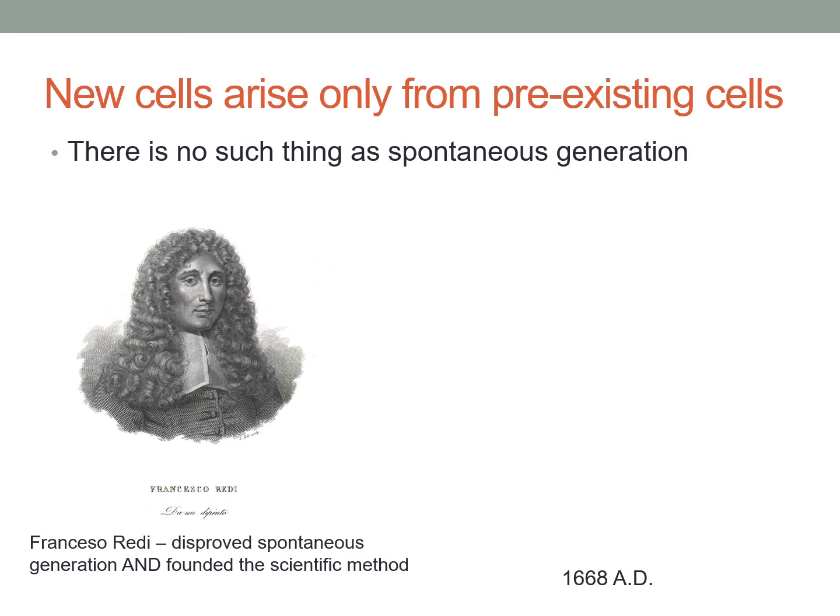This is one of my heroes. I love the period of the Enlightenment, if you study history. So when people actually said, well, maybe there aren't four humors, maybe bleeding people isn't a good idea, let's actually do some experiments, right? This is kind of the birth of science, the first time people said, well, let's actually do some experiments to see if what we think is a good idea actually has any evidence to back it up. So it used to be believed that life could spontaneously generate from nowhere.